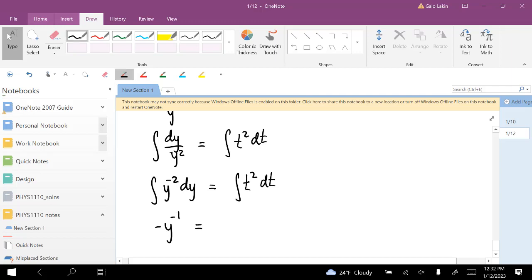And that's equal to t cubed over 3 plus, putting the two constants together, a constant.